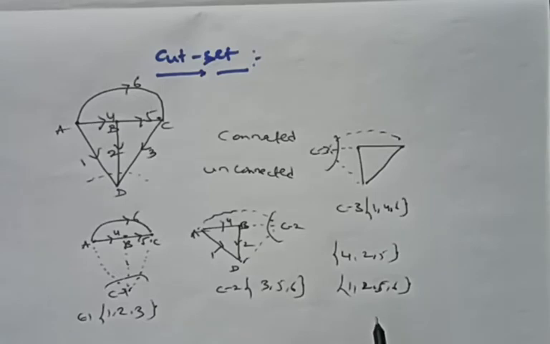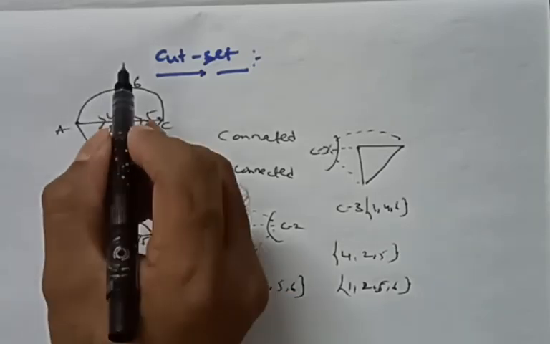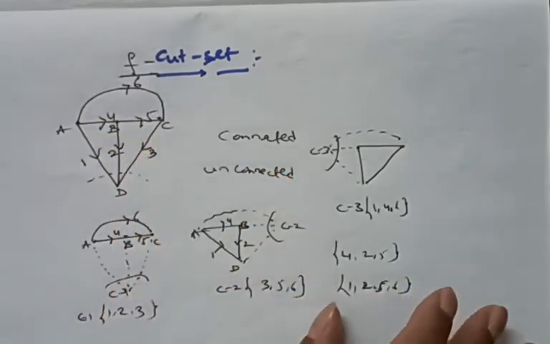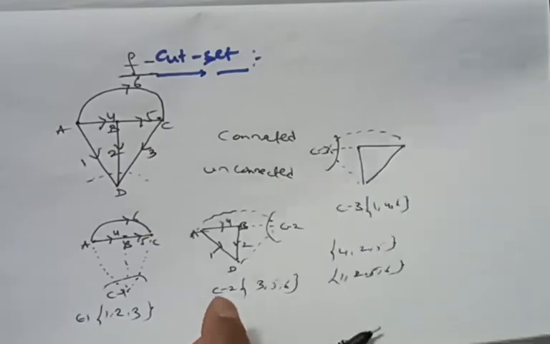In order to write the cut set matrix, we have to take fundamental cut sets. What do you mean by a fundamental cut set, and how can you write the fundamental cut set matrix?